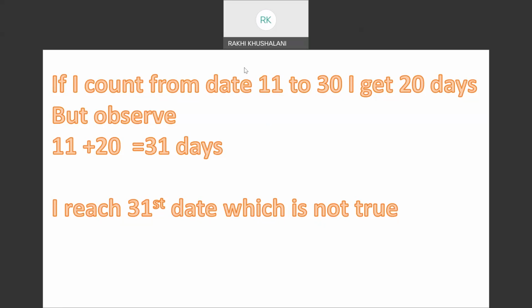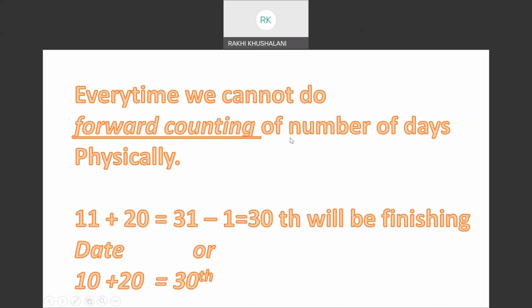Either I should take 10 plus 20, or if I'm taking 11 plus 20 and getting 31, then remember to subtract 1. Let's see what I'm trying to tell you. Every time we cannot do forward counting of numbers physically. I need to have some formula.